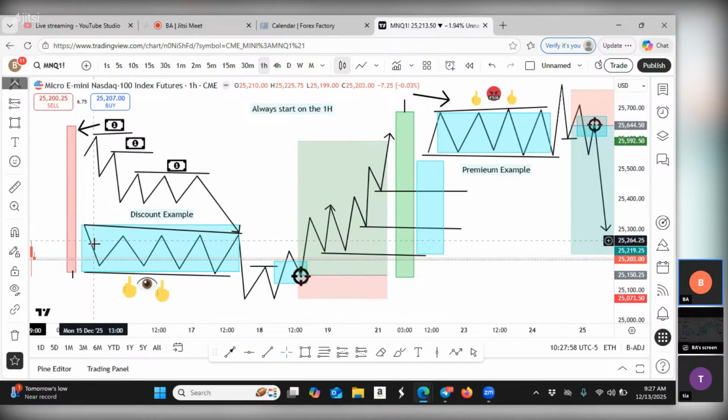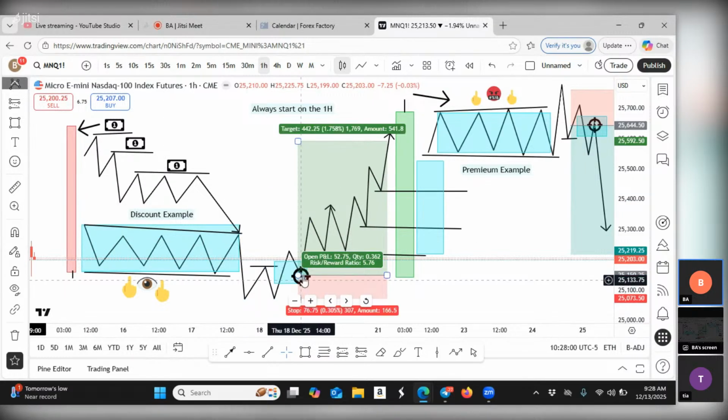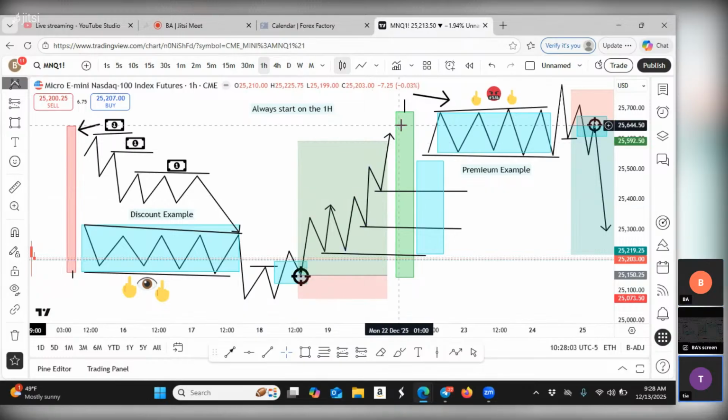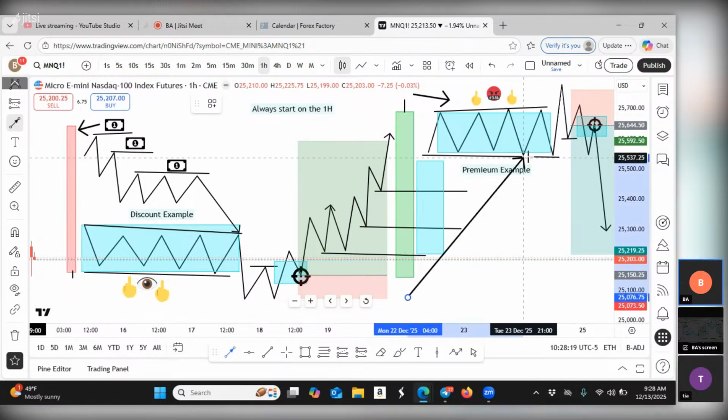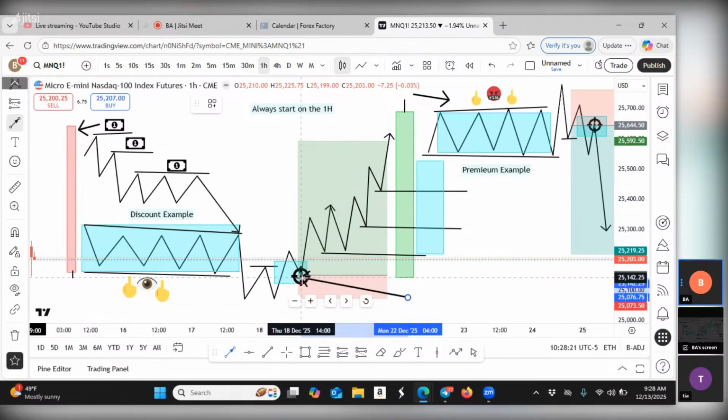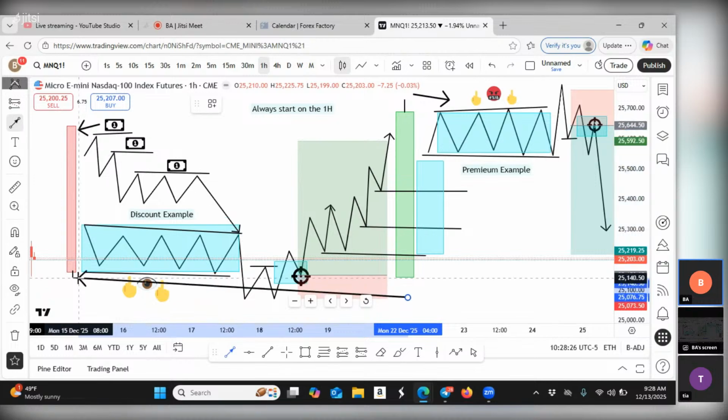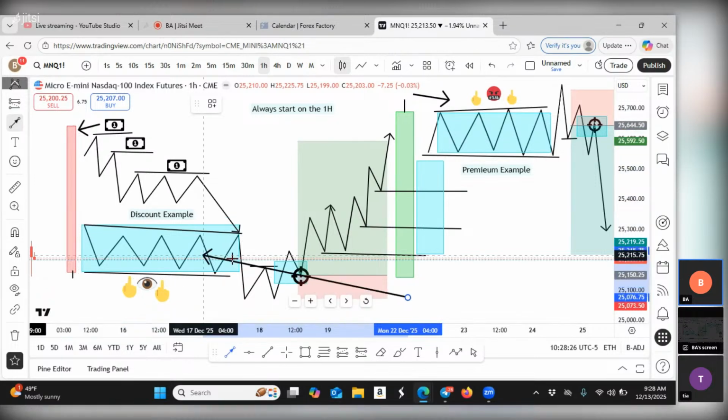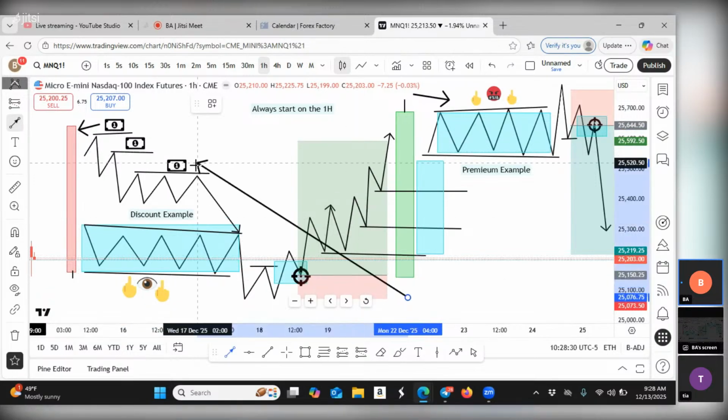You got accumulation, markup, then distribution, then markdown. All that the market cycle is saying is that big money is saying buy low, sell high. When they're buying low, they're wiping out all the sellers to the left, if it's in a downtrend.